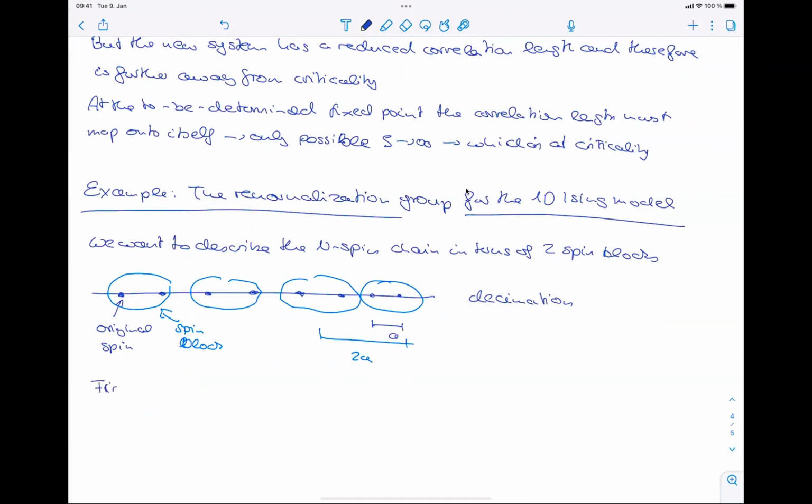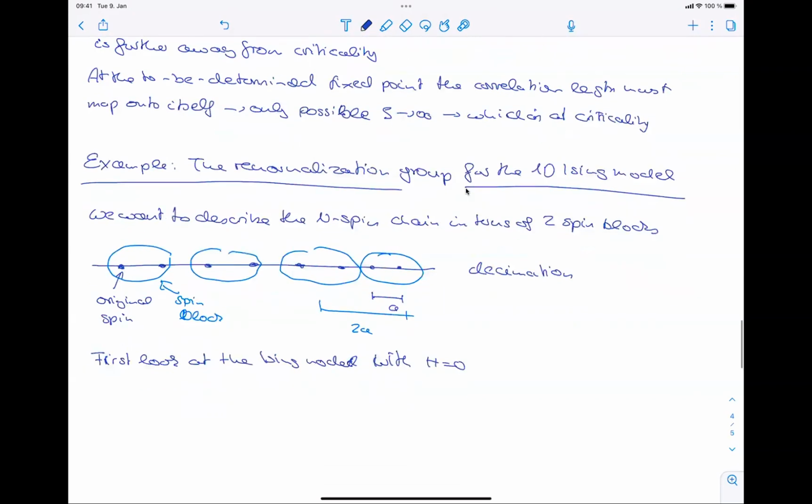So we first look at the Ising model with zero applied field, which is always easier.